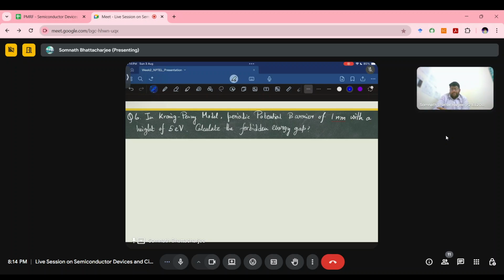So what would be the forbidden energy gap? Take some time and try to solve this.